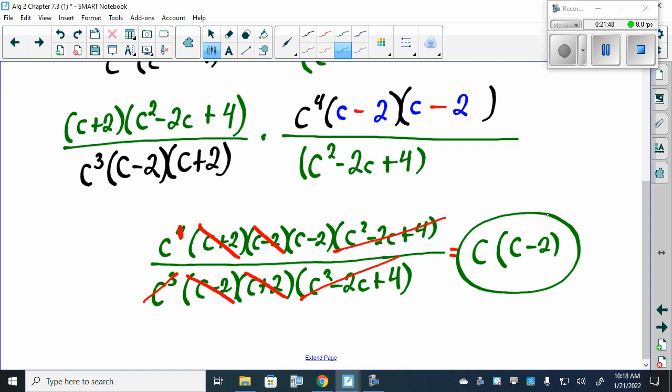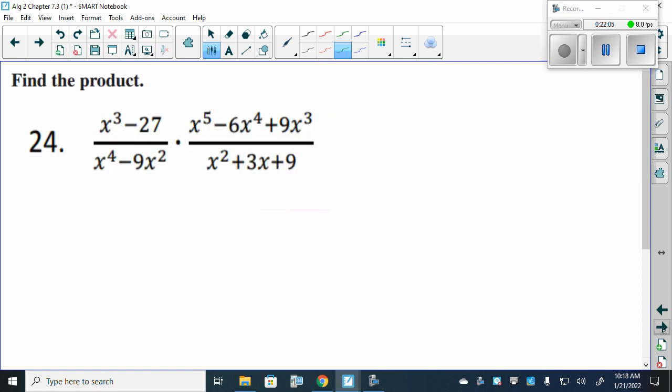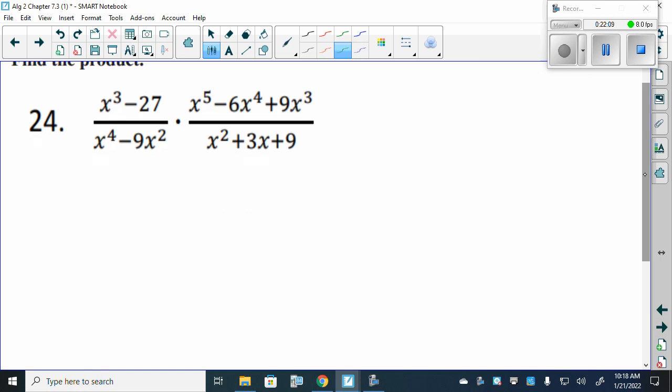So is this here any different than what we've been doing? Was it any harder? No. We just had to use different factors and different steps to get there. Okay?